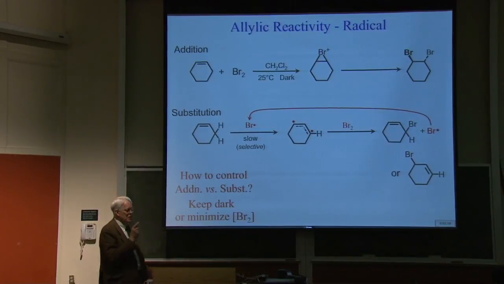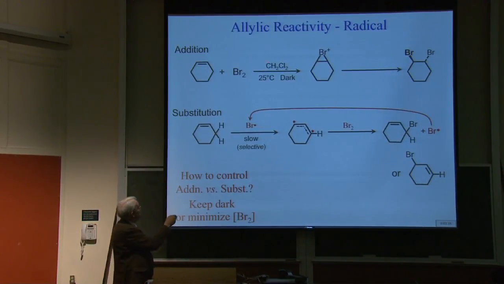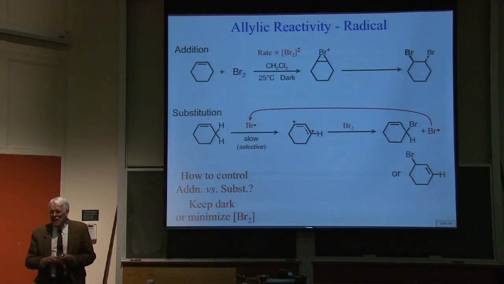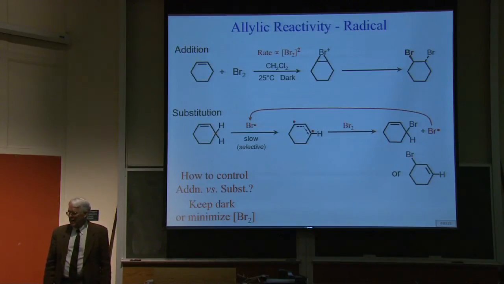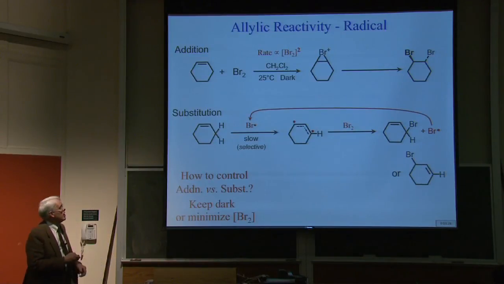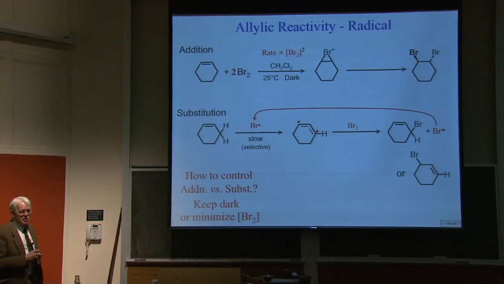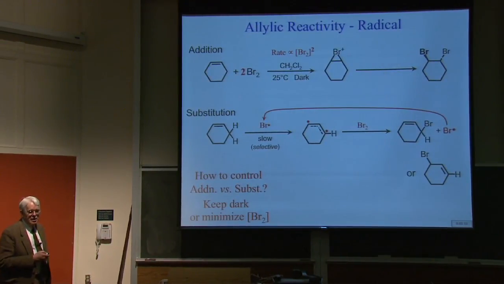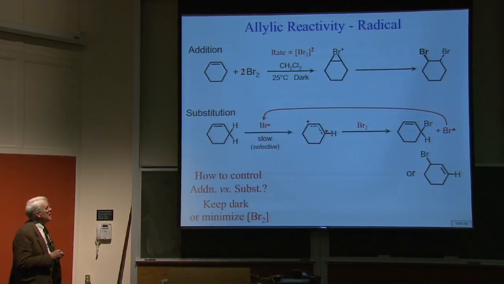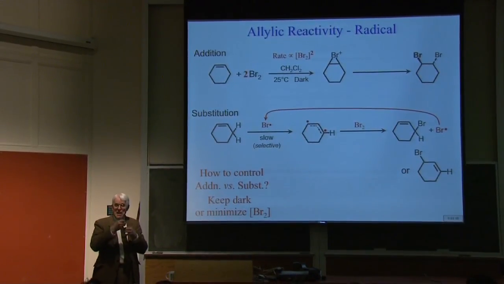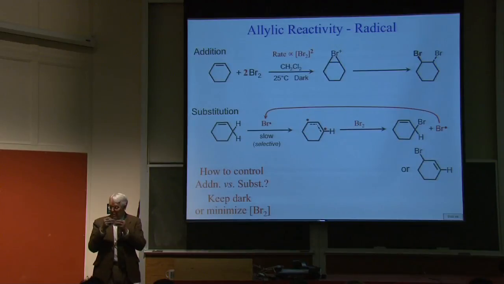This is a really interesting thing about the kinetics of the top reaction, right? It's second order in Br2. That looks really weird. Why do you need 2 molecules of bromine in order to do this? The reason is that when you get the Br plus coming on, Br minus is coming off from Br2.